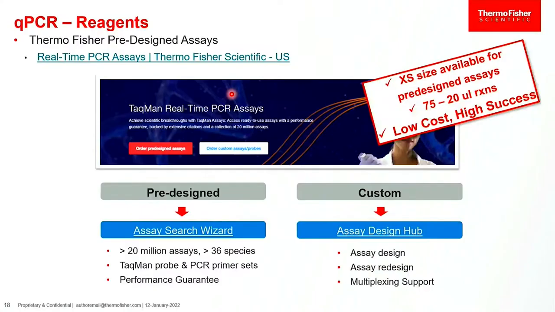But one thing I do want to point out, it's not evident when you first look, but we have something called the extra small size. The extra small size will get you 75 20 microliter reactions or 150 10 microliter reactions. It is a very low cost, high success tool. So I highly recommend that you invest in these assays.